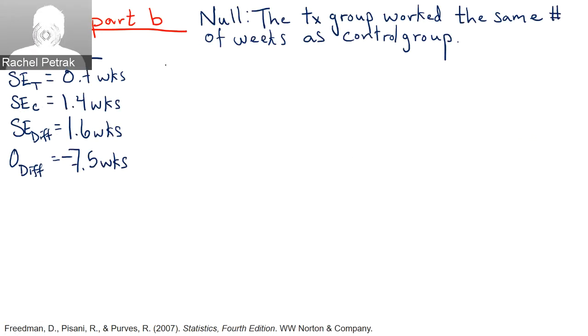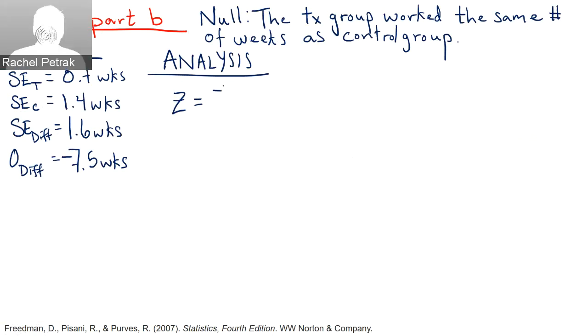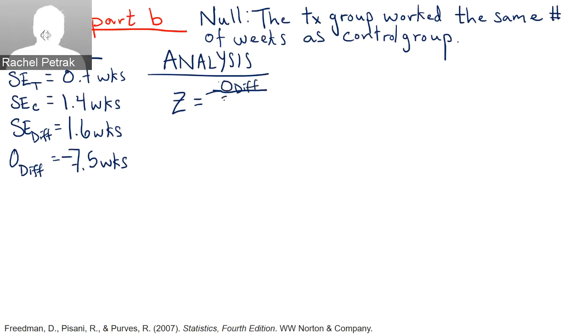So our z-test is just our observed difference over the standard error of the difference, or negative 7.5 over 1.6, and we end up with a z of 4.7.